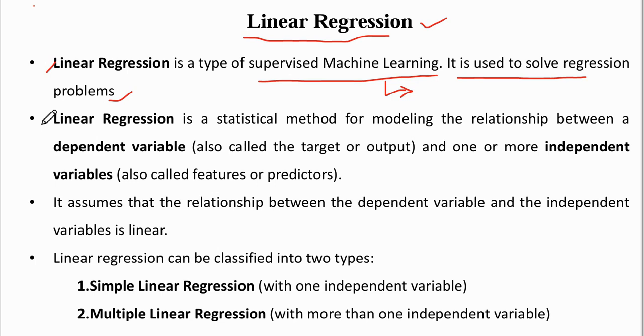And the next one is linear regression is a statistical method for modeling the relationship between a dependent variable, also called a target variable or output variable, and one or more independent variables. These independent variables are also called features or predictors.